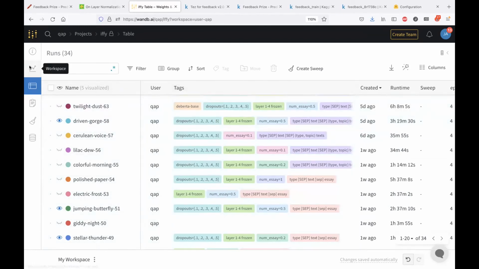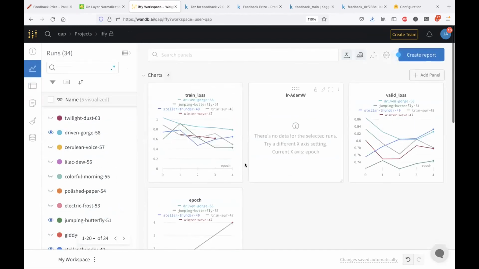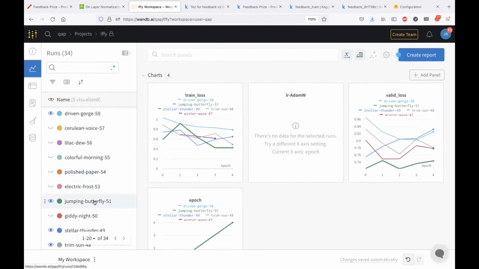And so if I train them for 5 epochs, using the essay text, I get this. And if I replace the essay text with topics information, I get this. So if you just look at this, then you would say that topics don't work as well as essay.